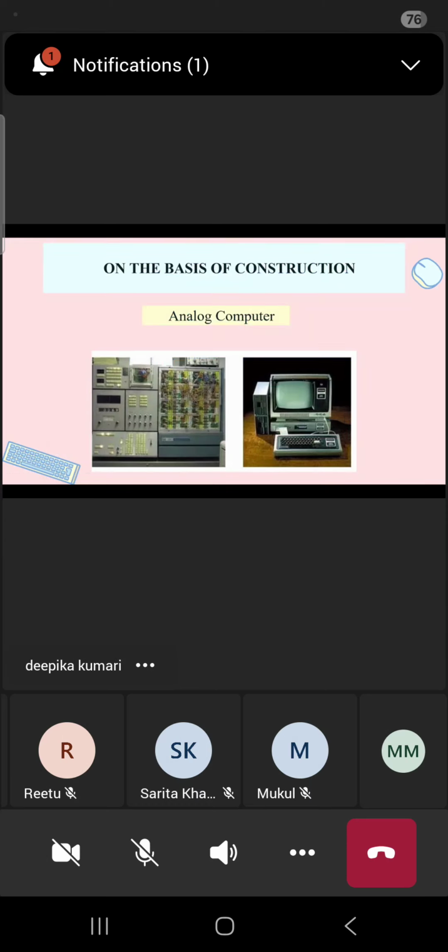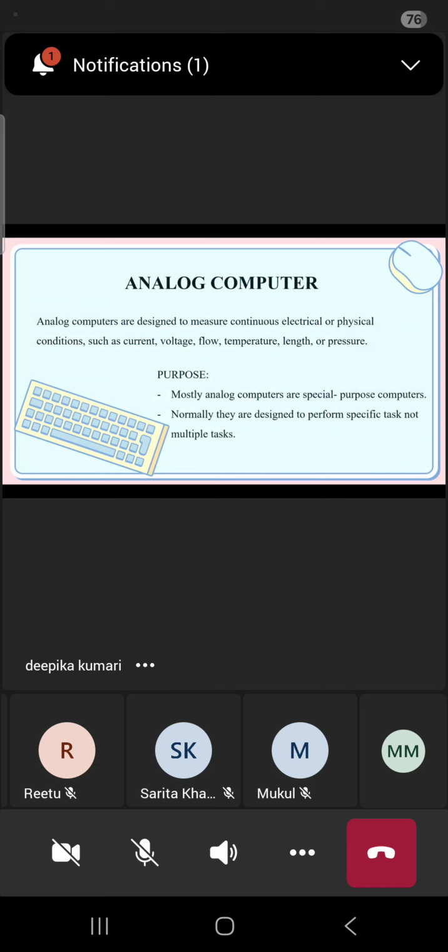Starting with the first computer, which is the analog or analytical computer. It is the oldest one and the first computer. It was invented by Charles Babbage in 1830, and the main purpose is that they are very specific in nature. They perform a special task.